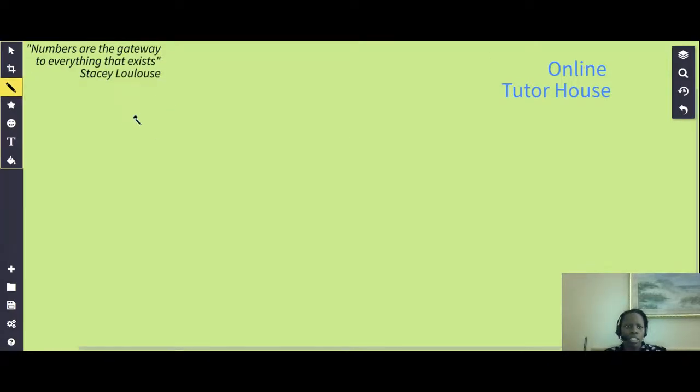So, I'm in my sketch pad. I'm going to start with the number. Well, we know 1. Whenever we multiply by 1, we always get the same thing, right? So we know 1 is not a contributing factor.